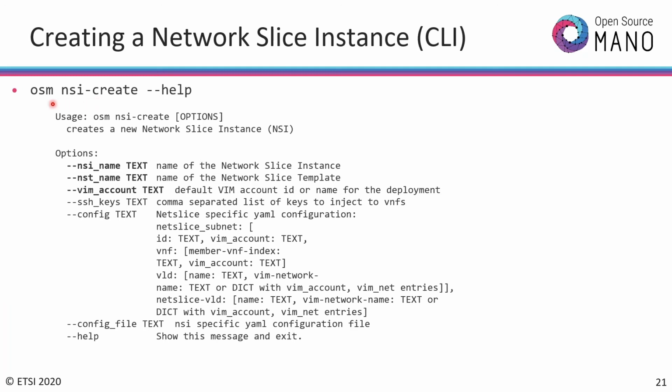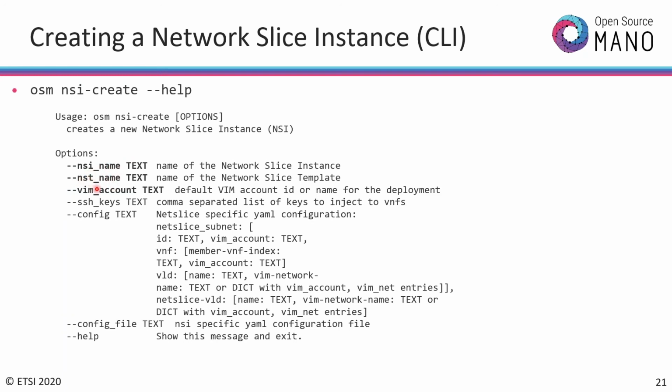Yeah, the command to create a slice instance from the template is osm nsi-create. As you can see here, we have a lot of options that you should put here. For instance, the NSI name is the name of the instance that you will create.